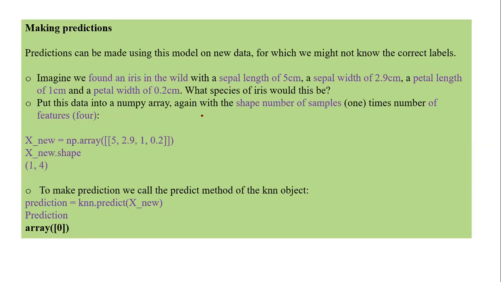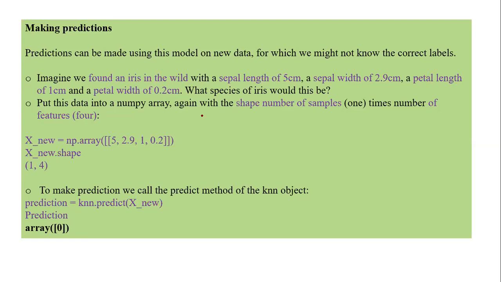Imagine we found an iris in the wild, meaning we found an iris in some jungle with a sepal length of 5 centimeters and a sepal width of 2.9 centimeters, a petal length of 1 centimeter and petal width of 0.2 centimeters. What species of iris would this be? So we have found an iris with those attributes, and now we are interested in knowing to which species this iris belongs.